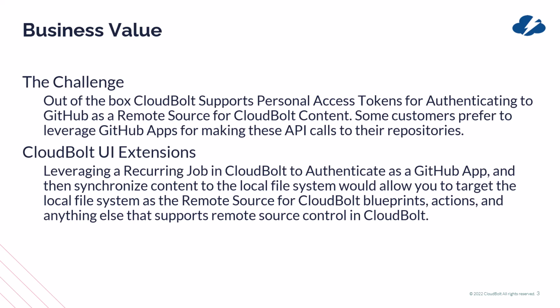And then what you can do in CloudBolt, your remote source then becomes those files on the local file system. So you can set your recurring job to happen as often or as seldom as you would like. In the example we'll be going through today, I have it set to once an hour. It will run and pull down the latest copy of the code from your GitHub repo.